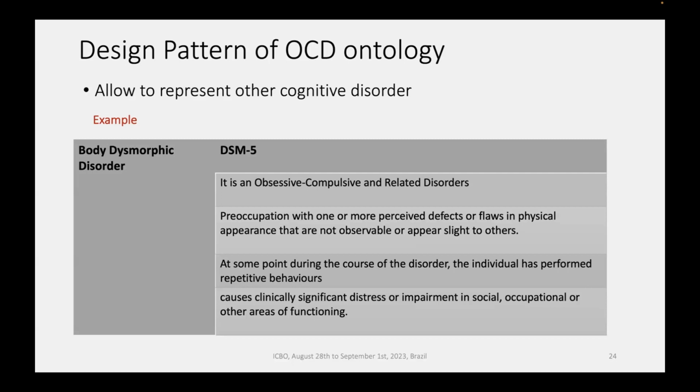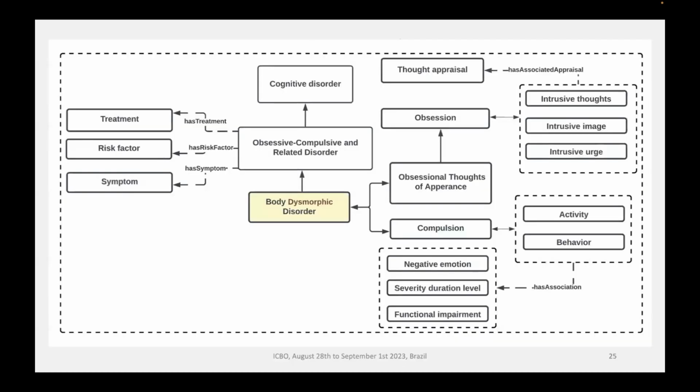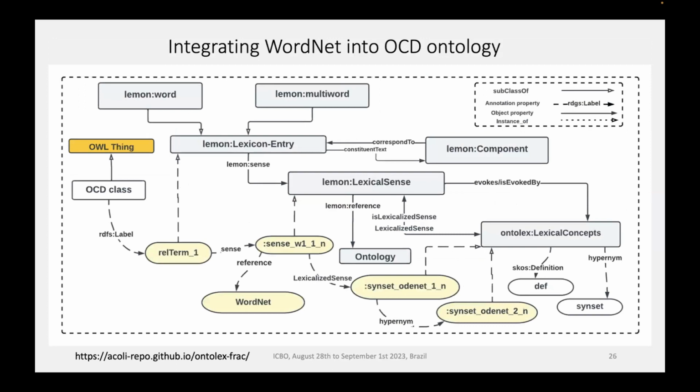By following the development stages in the methodology, collecting the knowledge, here just from the statements relevant to the disorder from DSM-5, and doing the analysis, identifying the concepts and providing description logic, we can get to the representation of body dysmorphic disorder as a subclass of obsessive-compulsive and related disorder, and equivalent to obsessional thoughts of appearance, which is a type of obsession, and equivalent to compulsion.